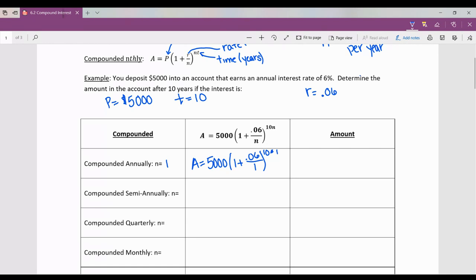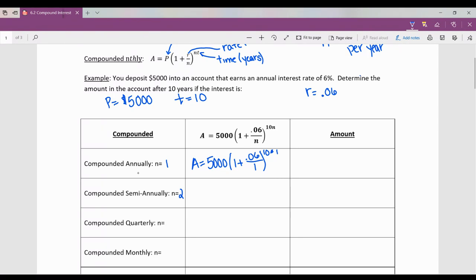All right, compounded semi-annually. That means semicircle, like half of a circle, so it's compounded every half year. For the full year, that's every 6 months, so that would happen twice per year.